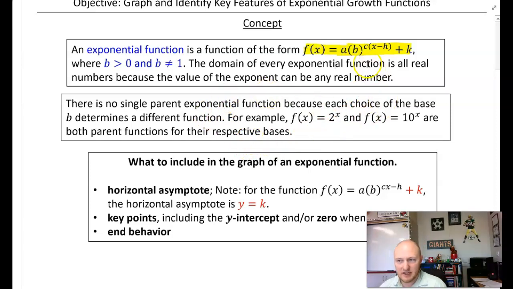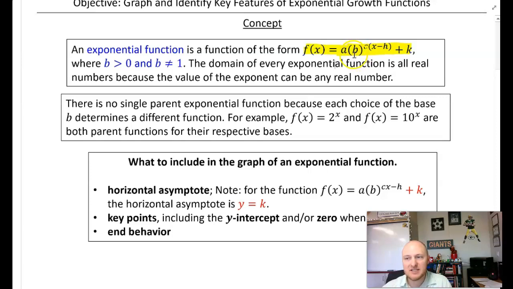Plain and simple, again, you'll see here the parameters that you're familiar with. We have an a value, an h value, and a k value. Now we also have a new parameter here, c. That is your horizontal factor, your horizontal stretch or compression, as well as reflection.